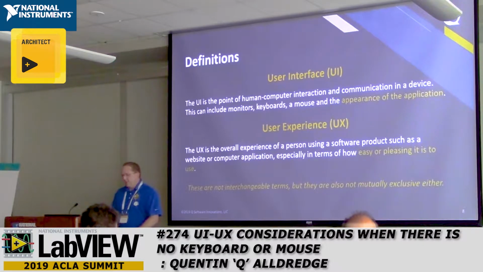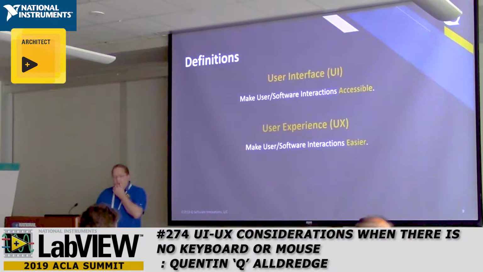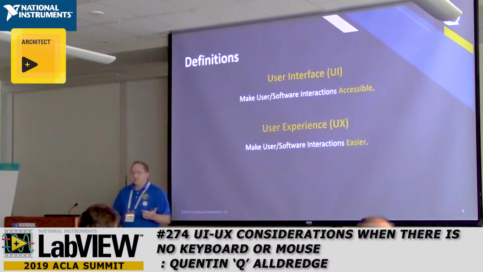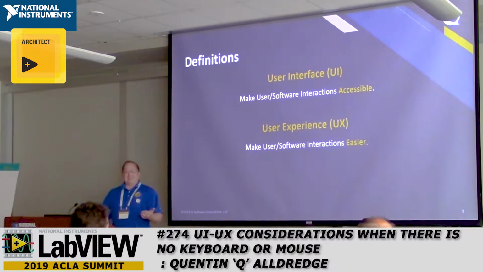And so that's really the difference between the two definitions. So first off, I'm going to talk about the UI aspect of this. You can think of the UI as what makes the software accessible. The UX is what makes the software easy or difficult to use.